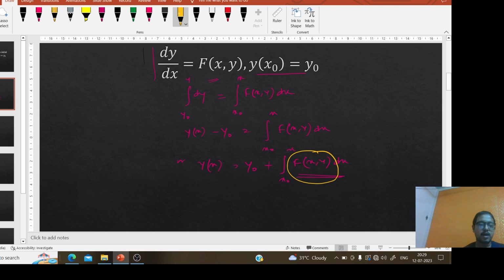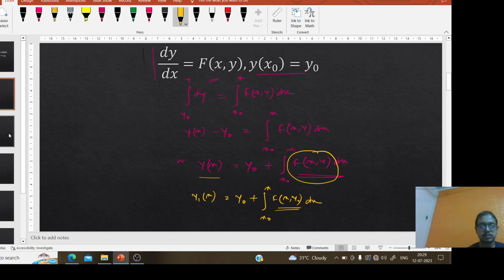We have to express y in terms of x, and we will get the next solution by using the successive approximation method. If we find y1 of x, the next approximation, we get y1 of x is equal to y0 plus the integral from x0 to x of f of x, y0 dx.